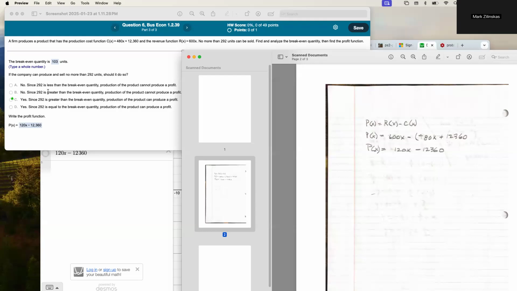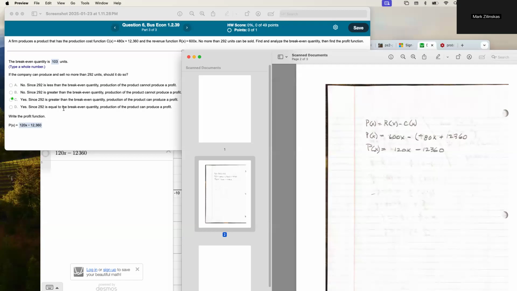So obviously we wouldn't want to do that. And since 292 is greater than that break even, again, we cannot produce a profit here, because we're not in that range. Okay. And so that would kind of throw that out.